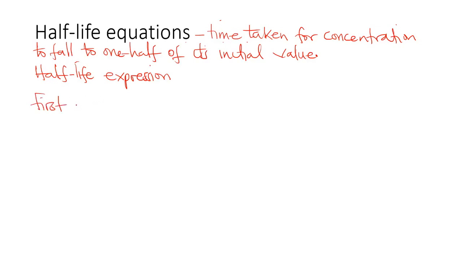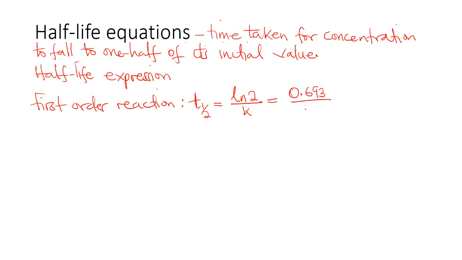So for the first order reaction, the half-life, which is given as t half, is equal to the natural log of 2 divided by the rate constant. The natural log of 2 becomes 0.693. So this is 0.693 divided by k. That is the half-life of a first order reaction.